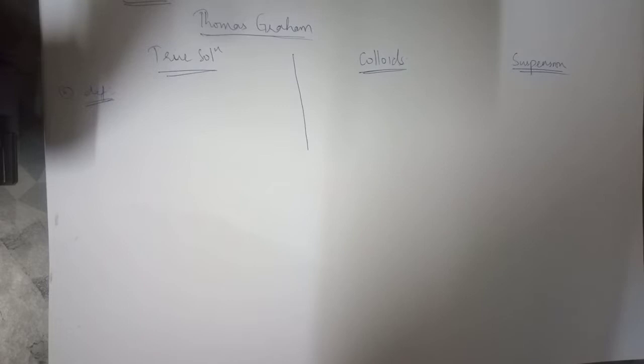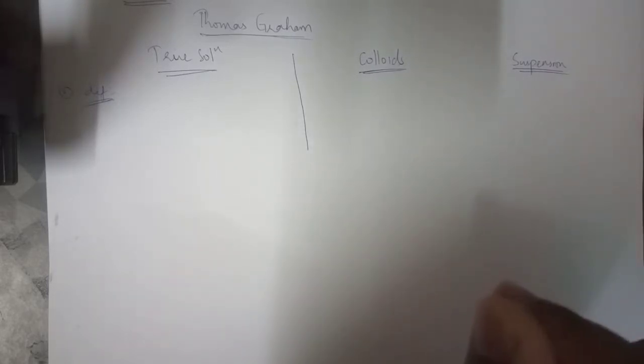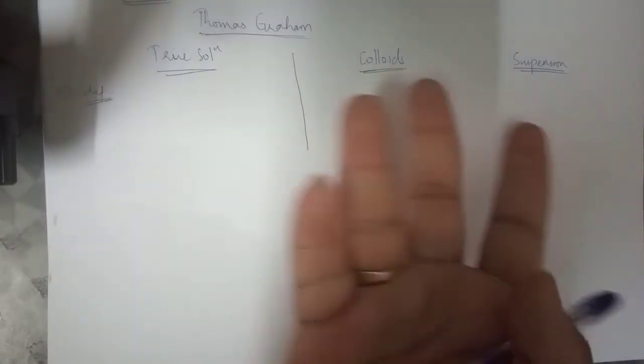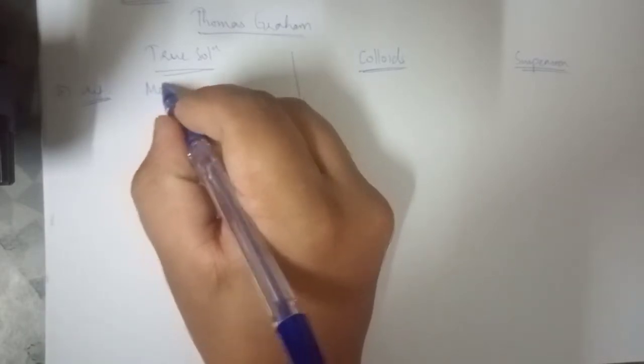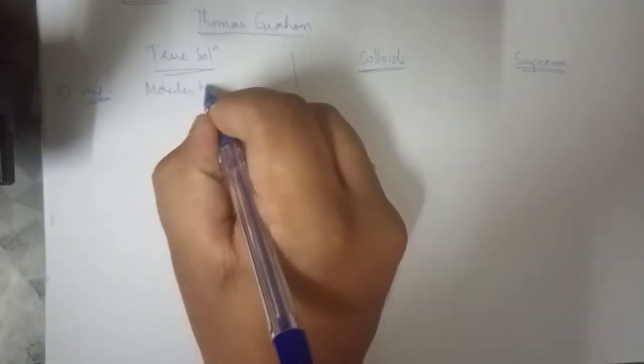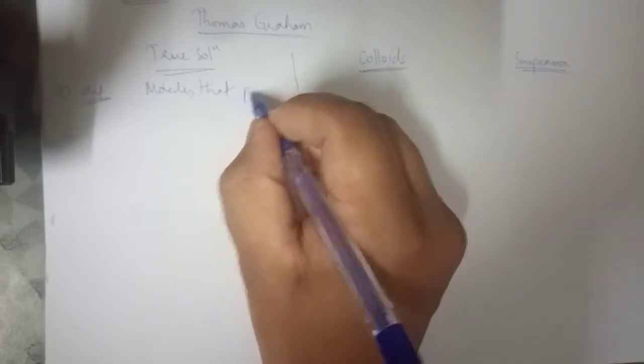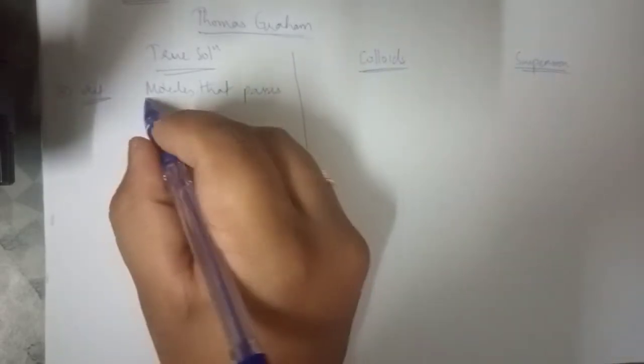Okay, when we have a membrane separating, or you take any true solution, it can easily pass through the pores of the membrane. Fine. So by simple definition it is that which can pass through the membrane. Okay, so molecules that pass through the membrane.